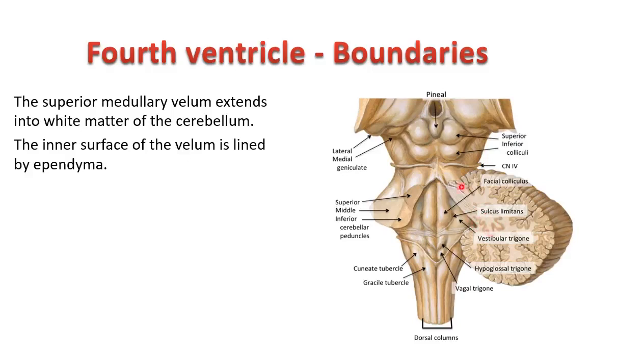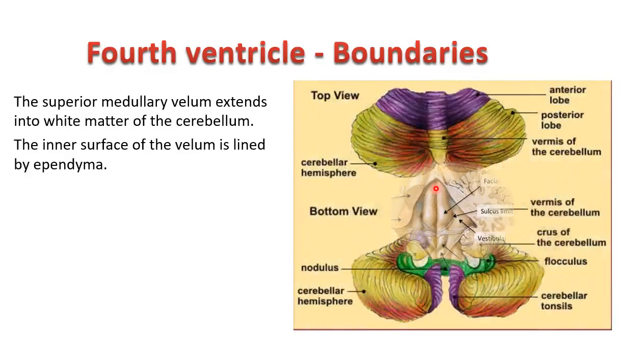Along with the superior cerebellar peduncle, the medullary velum also extends into the core of the white matter, and the inner part of this velum will be lined by ependyma, because the interior of any ventricle is lined by ependymal cells. They are a type of neuroglial cells.